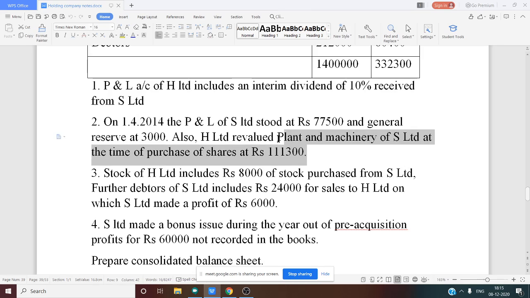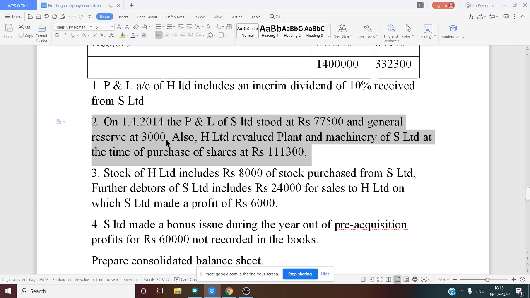Then see the second point: on 1/4/2014 the P&L of S Limited, that is the subsidiary company, stood at 77,500. This 77,500 is nothing but the pre-acquisition profit of the subsidiary company, because the acquisition date is 1/4/2014. So on that date this balance was there.